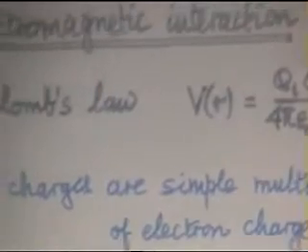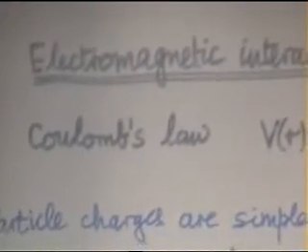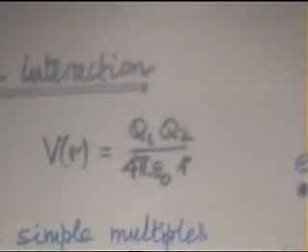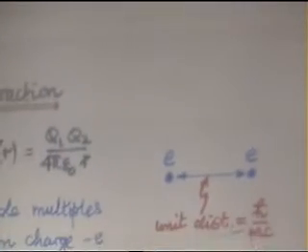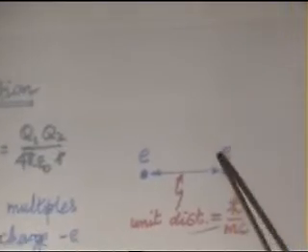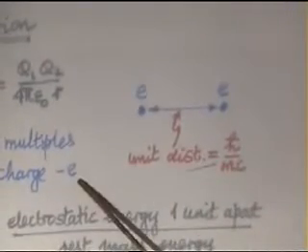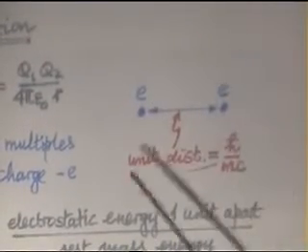Let's look at the next force, the electromagnetic force. Here we start with Coulomb's law. The potential is just the product of the charges over the distance between them. Let's talk about protons, with a charge plus E. Actually, it doesn't matter what particle I talk about because the mass will cancel out.